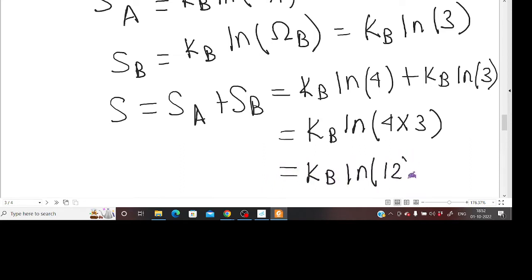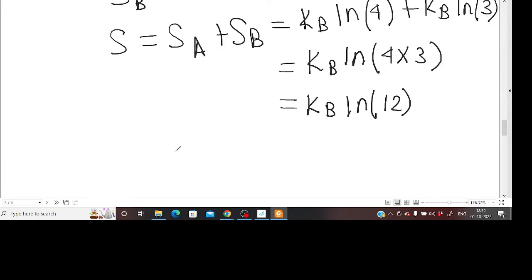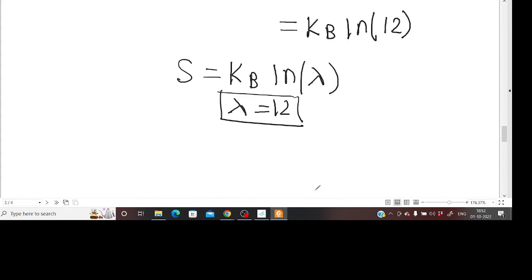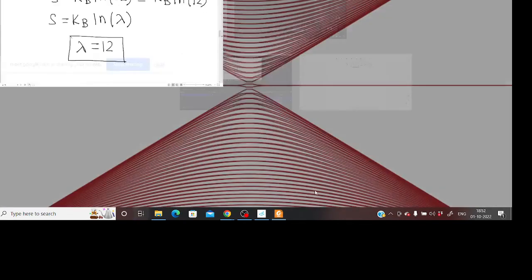So this is equal to kb log 12, and S is equal to kb log lambda. So lambda is again 12. Just another way to solve this problem. Actually these are the same. I'm telling it in a different way, but these two are the same.